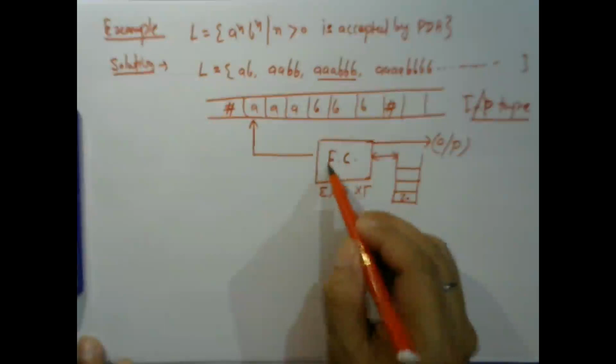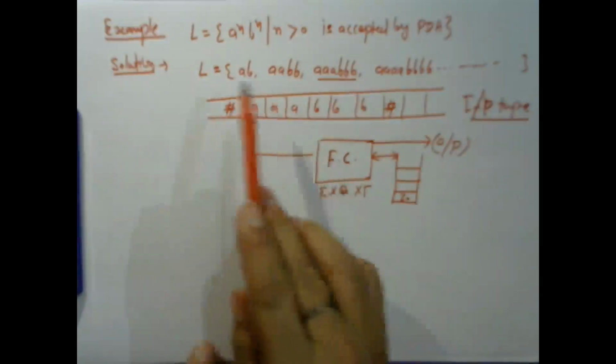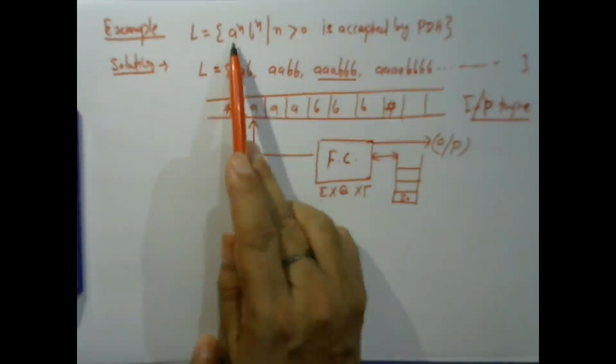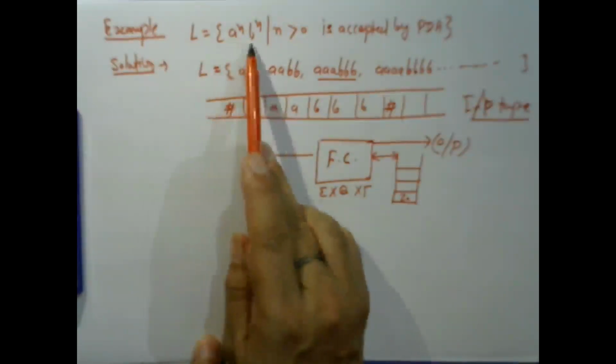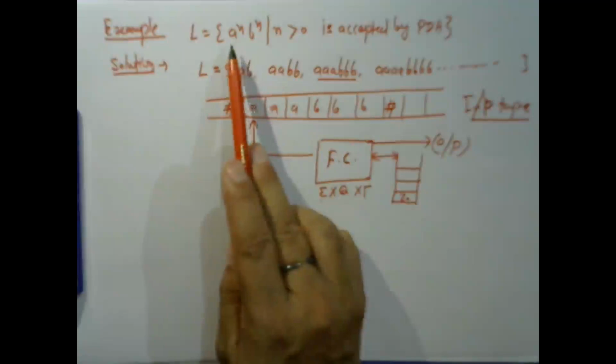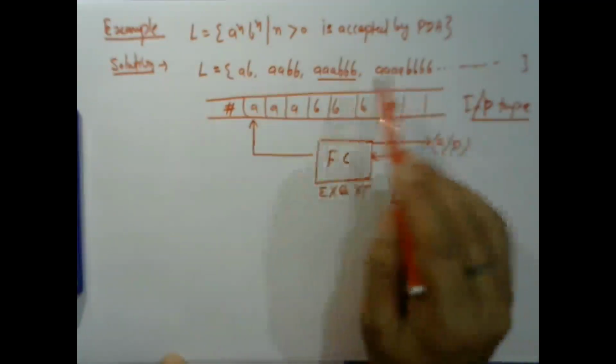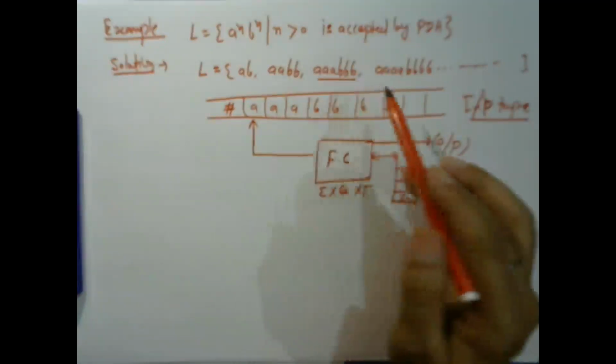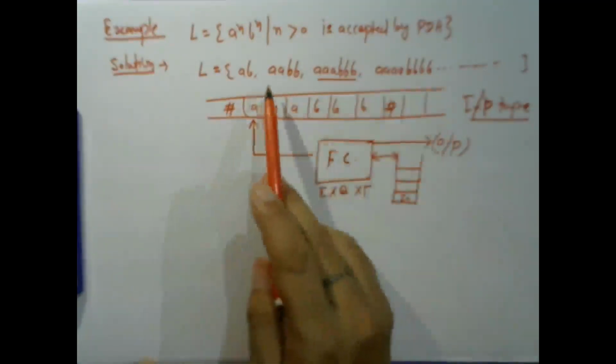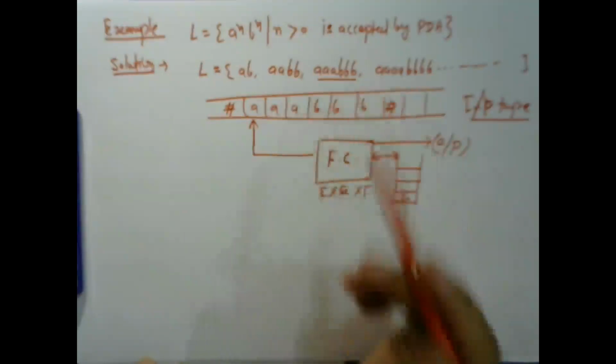If you want to process this language, it has an exact number of A's and B's, meaning the number of A is equal to the number of B, but the condition is that first A is encountered, then B is encountered.